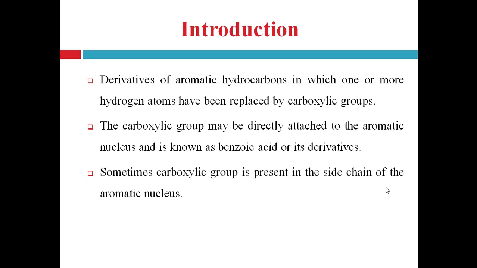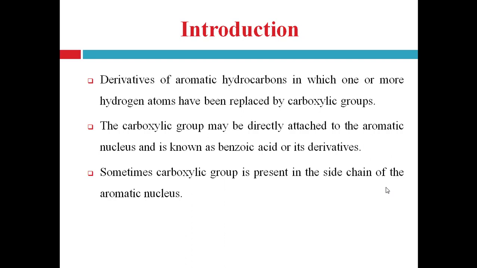So let's start with the introduction about aromatic acids. The aromatic acids are the derivatives of aromatic hydrocarbons in which one or more hydrogen atoms have been replaced by carboxylic groups. Aromatic hydrocarbons, that means the aromatic ring having chain hydrocarbon groups.